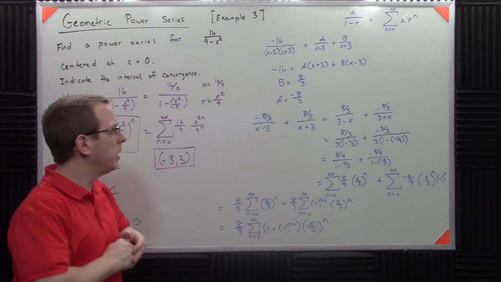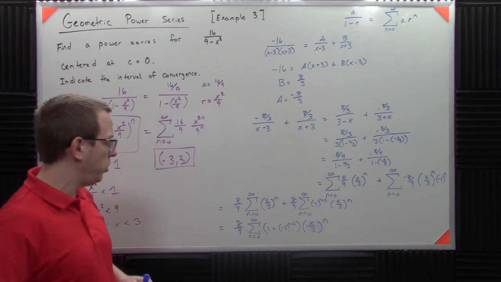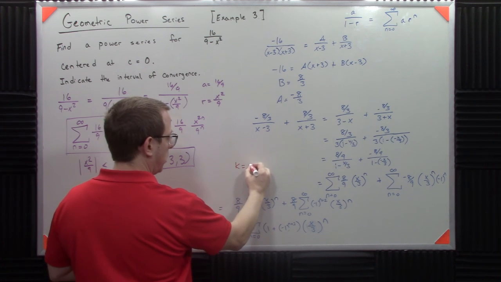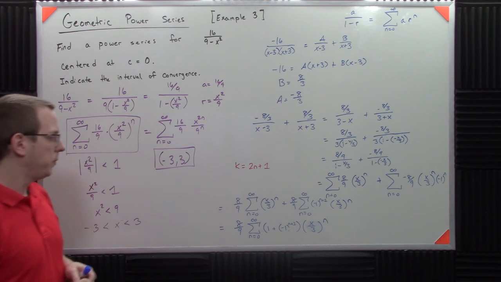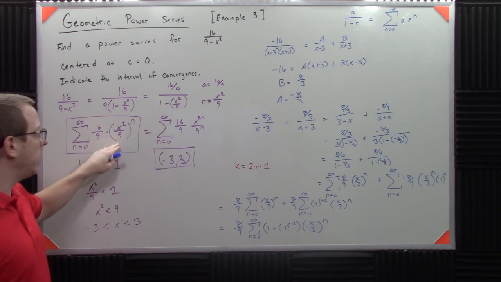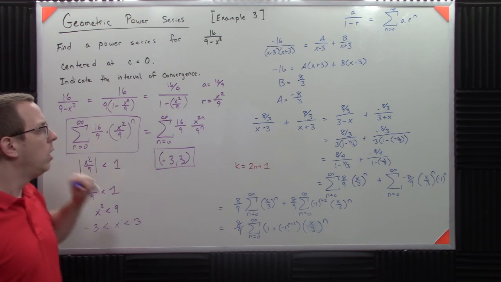But the idea is still the same, and we could do something neat, because what you would want to do is say, okay, k is 2n plus 1, so you're doing the odd cases. And then when you re-index this series, you actually get this. But again, this is the right way to do it. This is way, way faster.